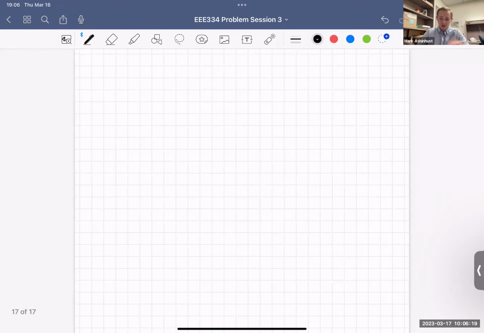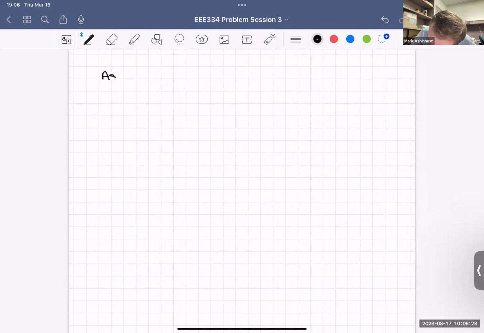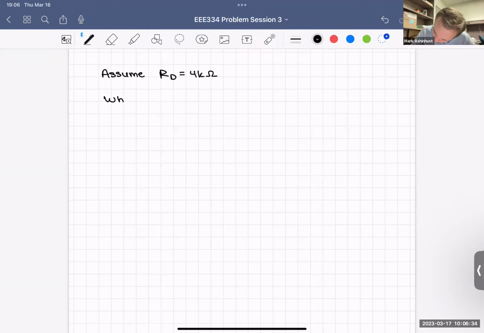So the next extension of this question was, let's assume that RD is equal to 4 kilo ohms.